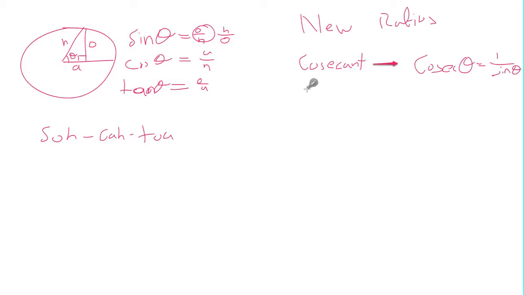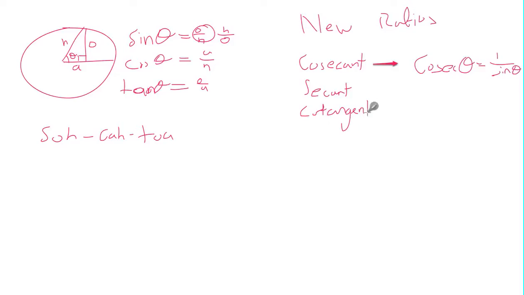And then the same with these, but I'll just go over what the other ones are called first. Then you've got secant, and you've got cotangent, but I just call it cot.